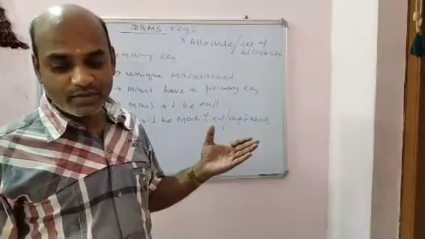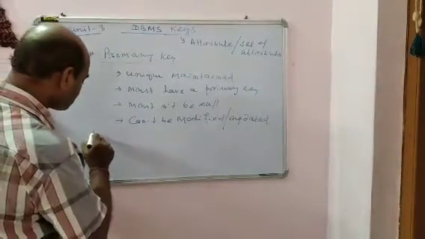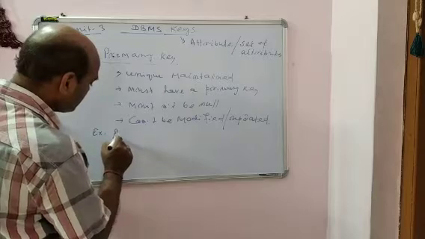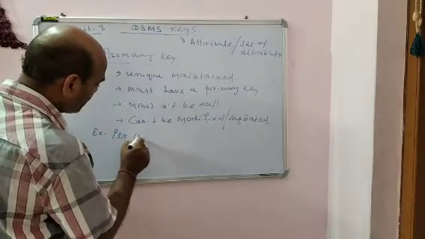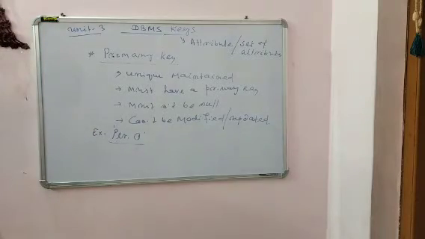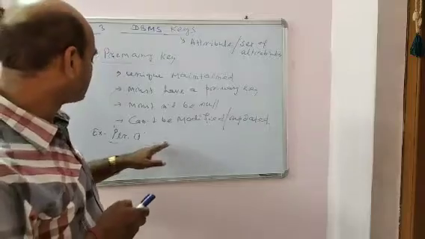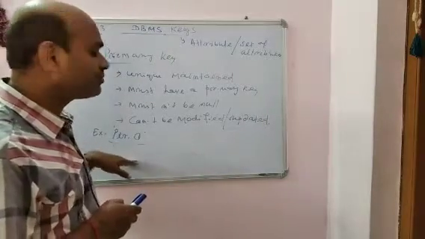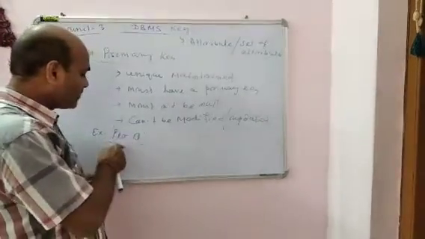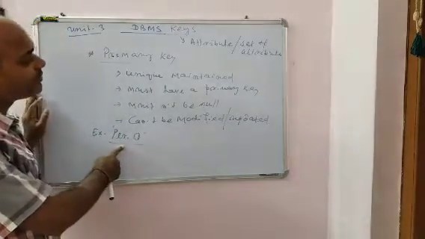For example, a person ID. In the previous example, there is a person ID. This key is considered as the primary key for the table person. So person ID is considered as the primary key because it is uniquely maintained.